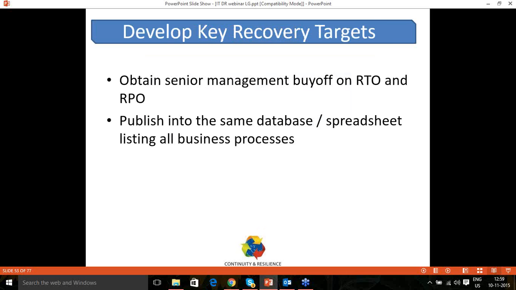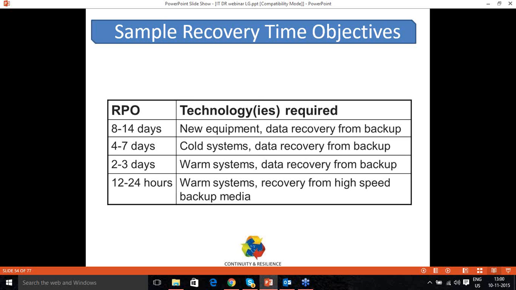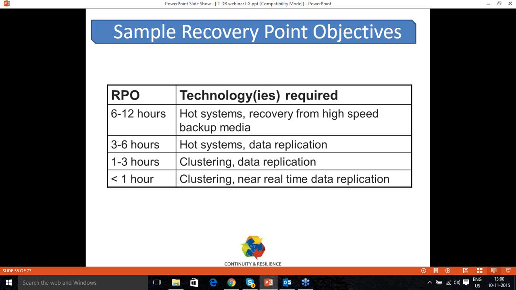For everything you calculate, MTD, RTO, RPO, go and take a management buy-off, a management sign-off, publish them in one database and have all these numbers available at one place. Some examples of recovery point objectives: I may have it for hours, days, weeks, months, depending upon the criticality of the processes.